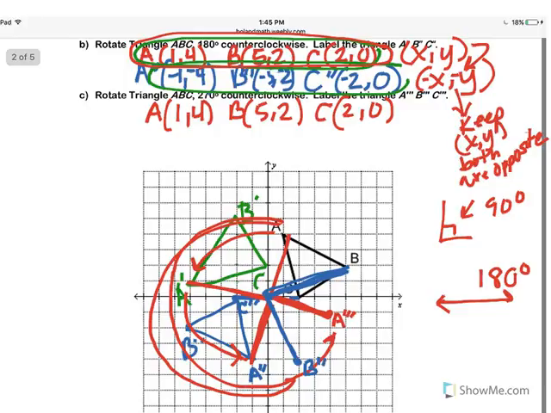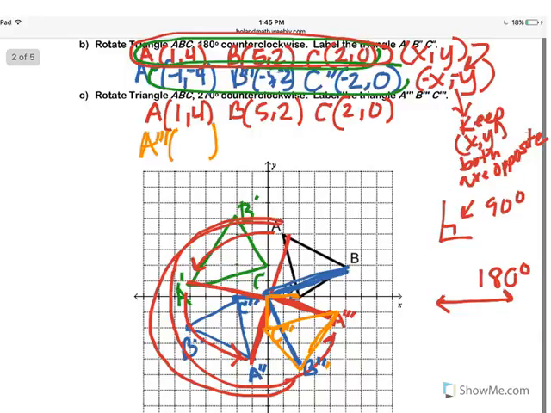And then if we did the same thing with C, C would now be down here. So it's C prime prime prime. Now we can connect those points for our new triangle.